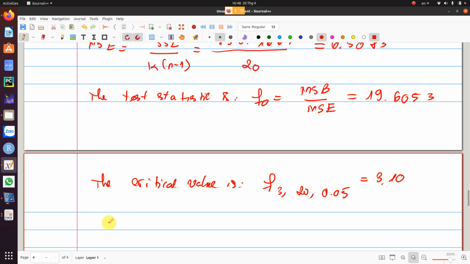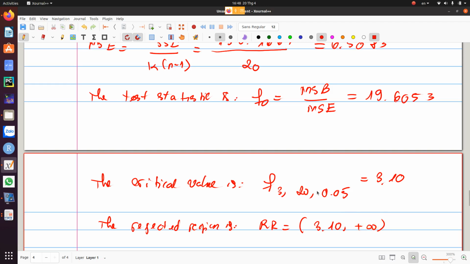So we get the rejection region. The region is the critical value 3.10 to plus infinity, because we want F0 to be as large as possible, as I have shown you.